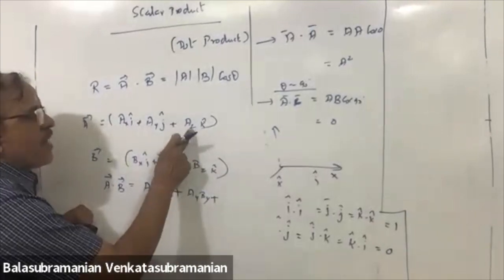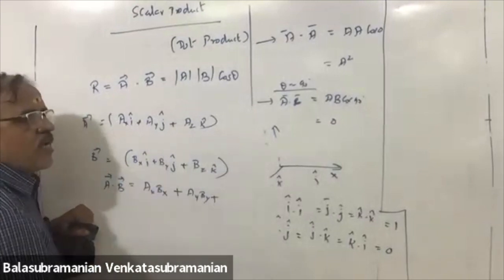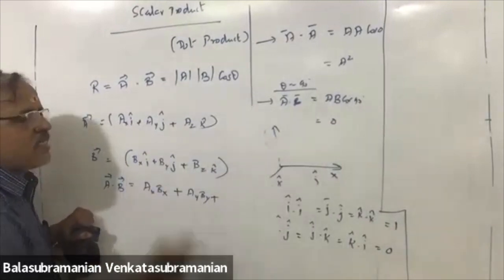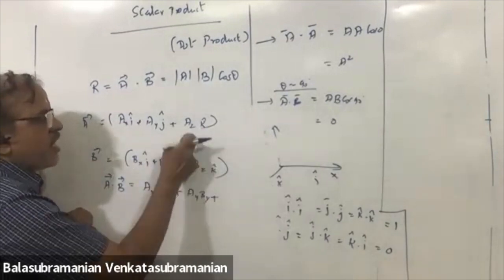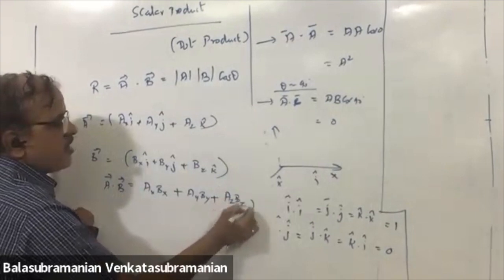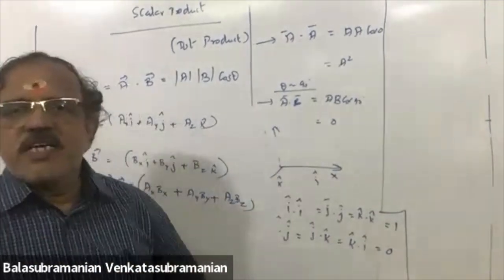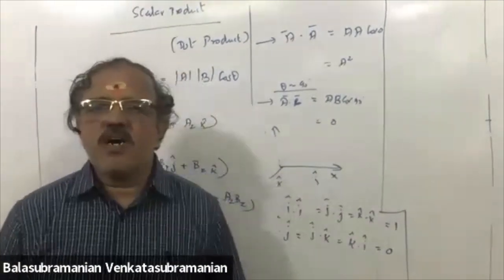Similarly, if you multiply AZ K with BX I and BY J, it is 0 only, because theta is 90. Here theta is equal to 0, so AZ BZ.